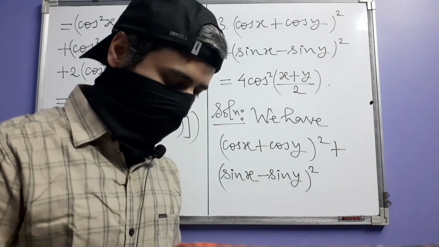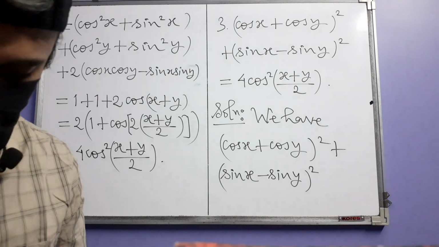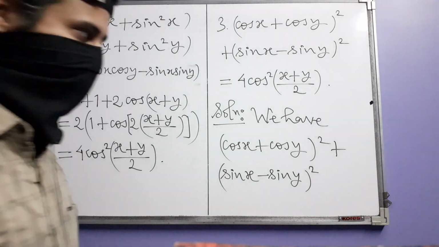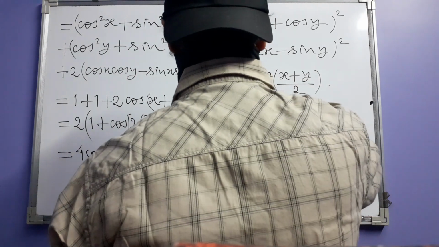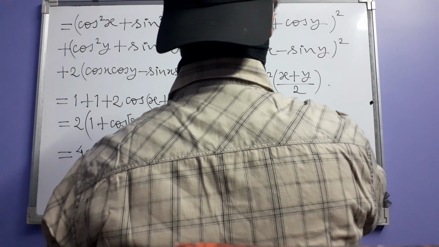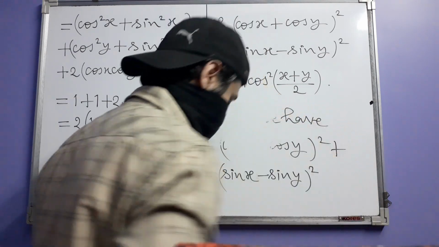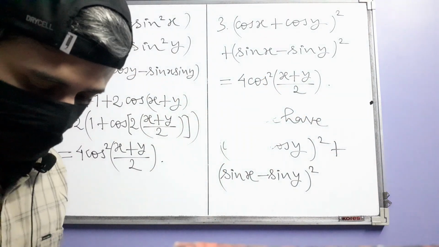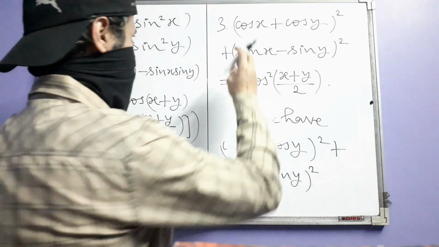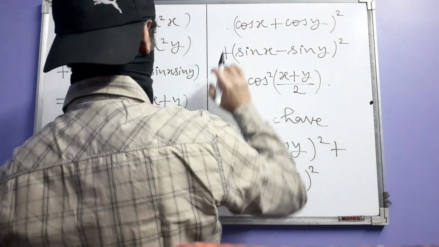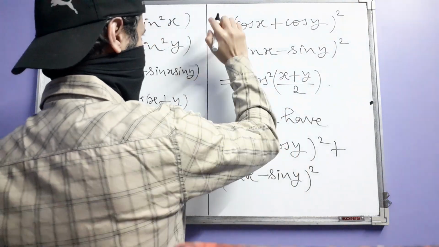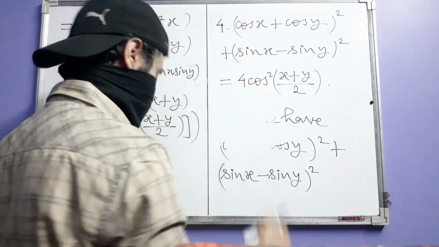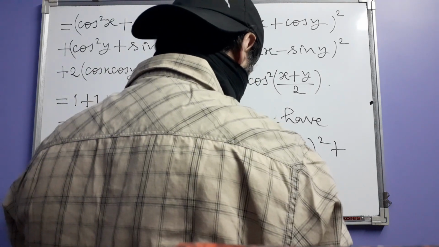There is a similar one. In this second one we get sine square instead of cos square. Oh, so I can write it here itself. Yeah, why did I even clean this part? 4.